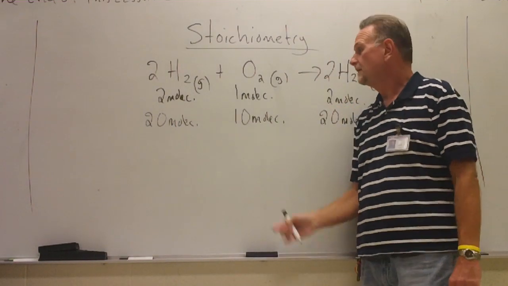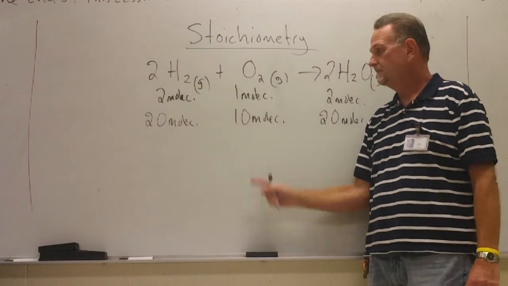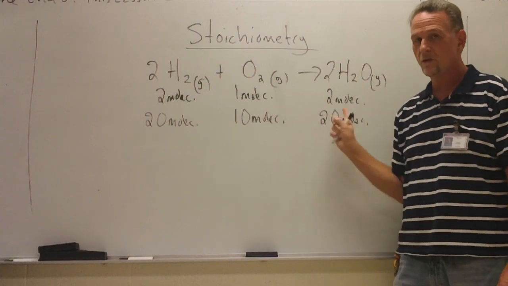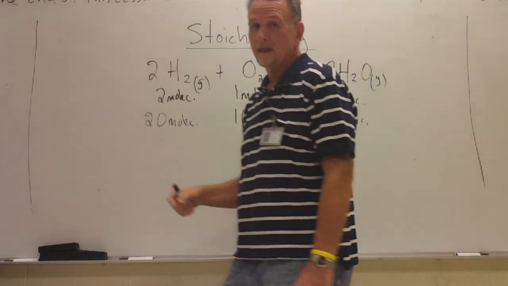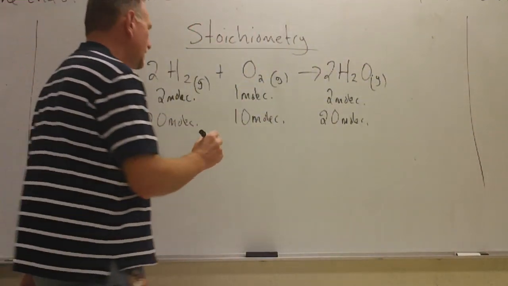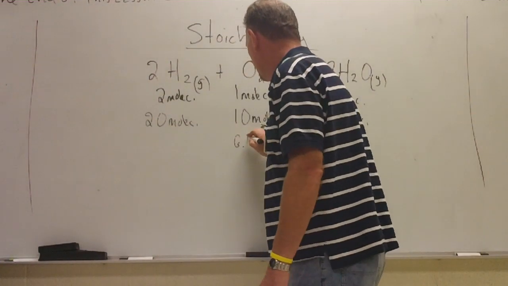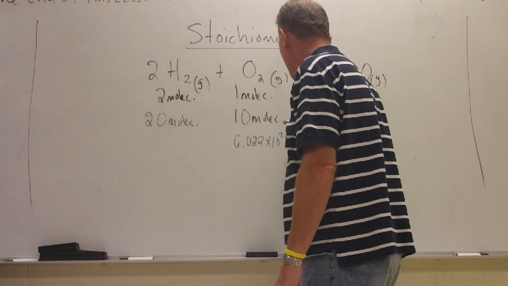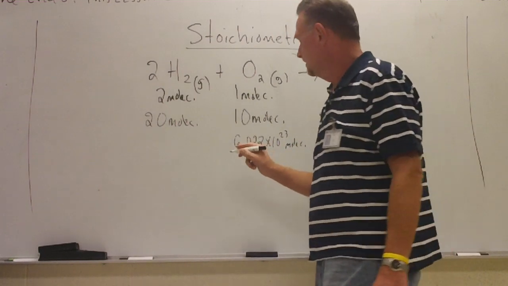Makes sense, right? If it's a 1 to 2 relationship, this always must be 1 to 2. Well, instead of 10 molecules, let's say I have 6.022 times 10 to the 23rd molecules, which everybody in the room knows is a mole.